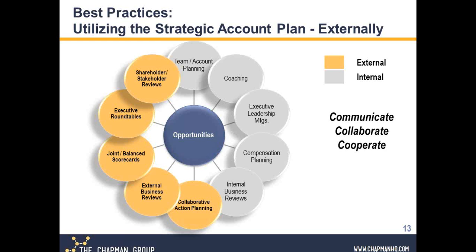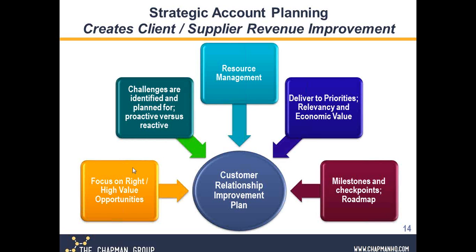So moving from bottom left across the semicircle here, it'll help us focus on the right high-value activities and opportunities. For example, your customer is very interested in surviving for the future, and they're very interested in partnering with suppliers who are going to have a revenue impact to them.